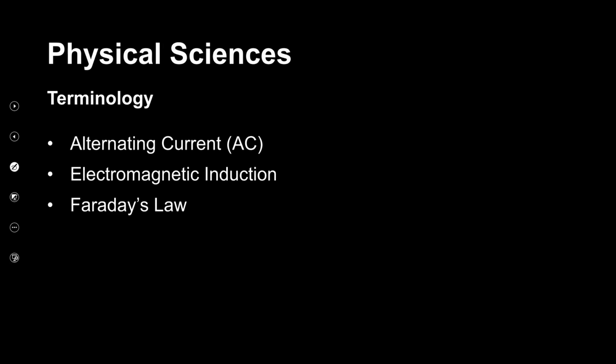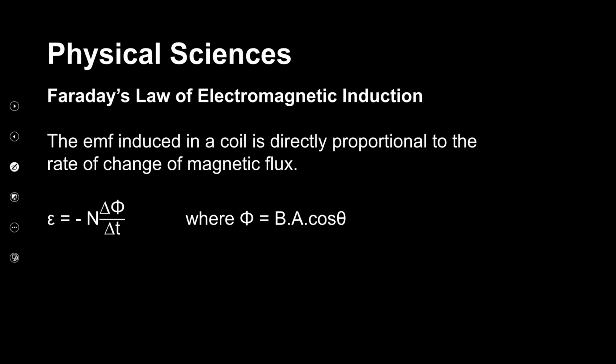So alternating current, often called AC, what does it really mean? We recognize it all involves the principle of electromagnetic induction, which is related to Faraday's law. So in terms of Faraday's law, remember that it tells us that there's an induced EMF produced in a coil, and that is directly proportional to the rate of change of magnetic flux.